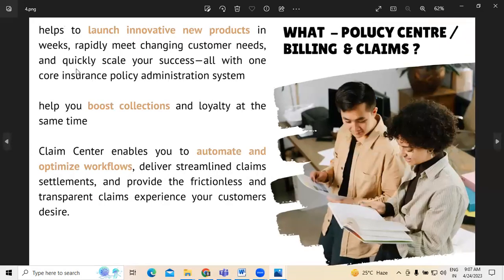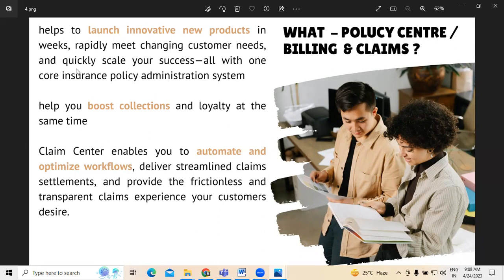Now, let's see what exactly PolicyCenter, BillingCenter, and ClaimCenter are used for. As I told you, there are 3 things: policy, billing, and claims. PolicyCenter helps to launch innovative new products weekly, wherever it is needed. Majorly, it is used to manage changing customer needs, because customer needs, perceptions, and demands vary from time to time, depending on the situation.